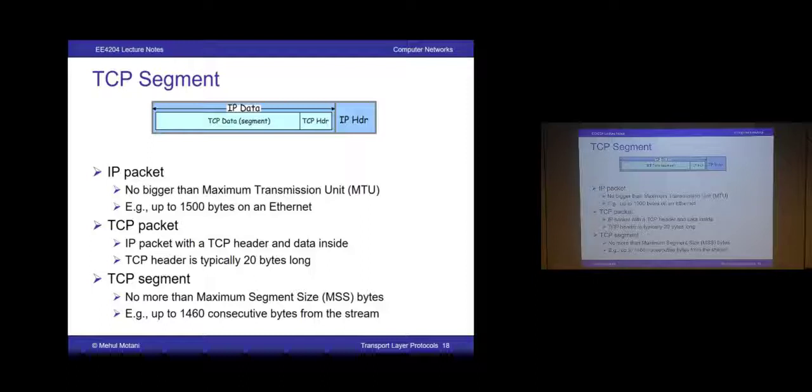So when we talk about the network layer, we'll see that sometimes, based on the maximum transmission unit value set by the ISP, a packet might need to be broken up. That function is called fragmentation and reassembly, and it's done by the network layer. We don't do this at the transport layer. So this is where the TCP segment fits into the protocol stack. Here you explicitly see the encapsulation.